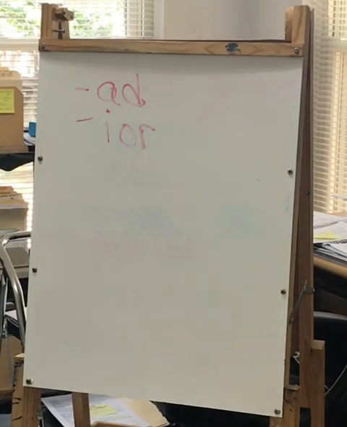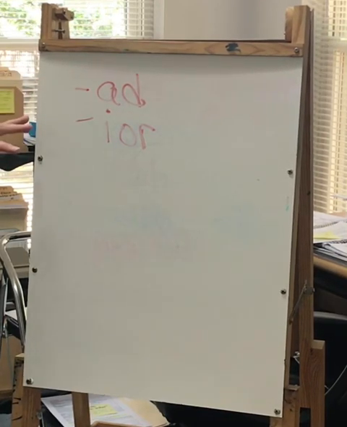Now you saw pertaining to in chapter 1, where you had two other ones, IC and OUS. There's actually a lot of different pertaining tos. And yes, you do have to memorize them, but they all mean pertaining to. IOR, IC, OUS. AD means toward.